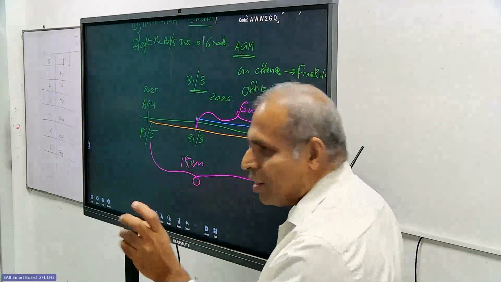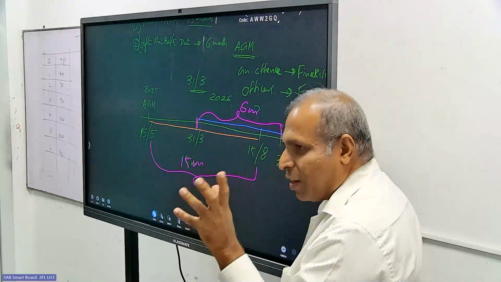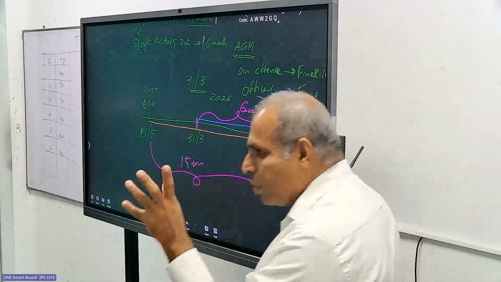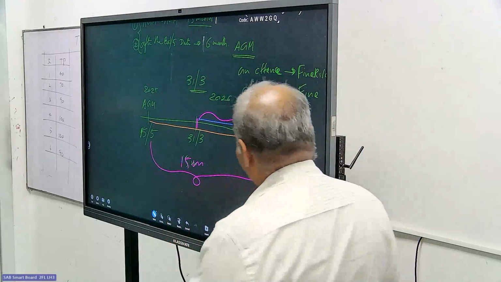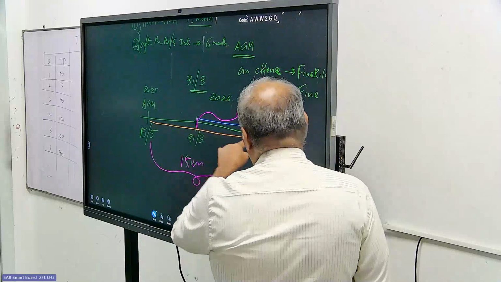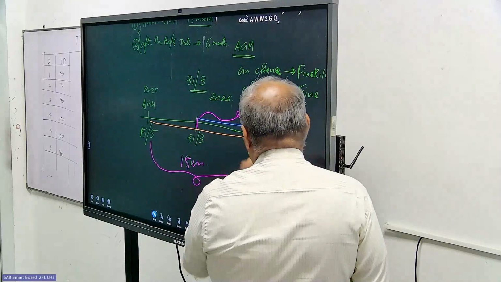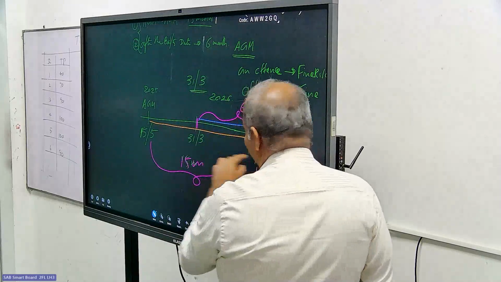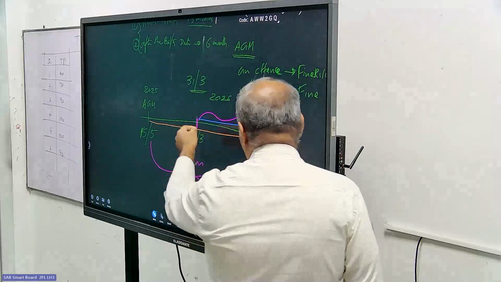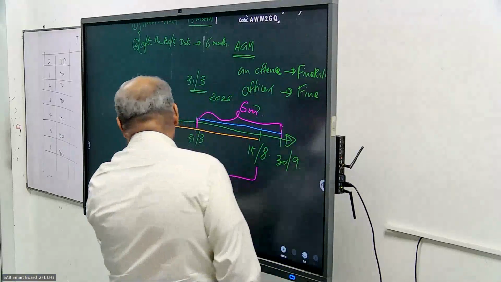So we have to consider within which period both conditions are fulfilled. This is the orange color, this is the blue color. Both conditions are fulfilled during this period.